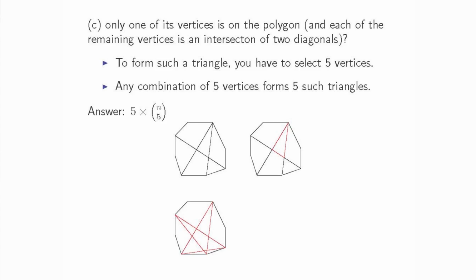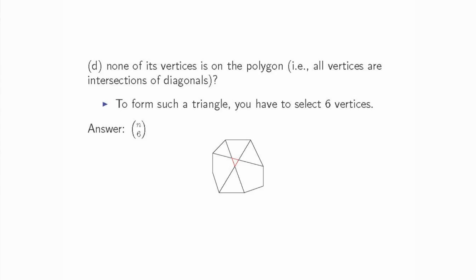For every combination of these 5 vertices, we can find 5 such triangles, just like drawing a star. Therefore, the total number of them is n choose 5 times 5.